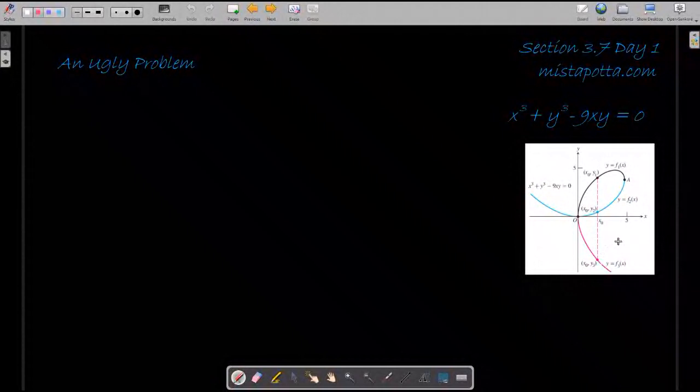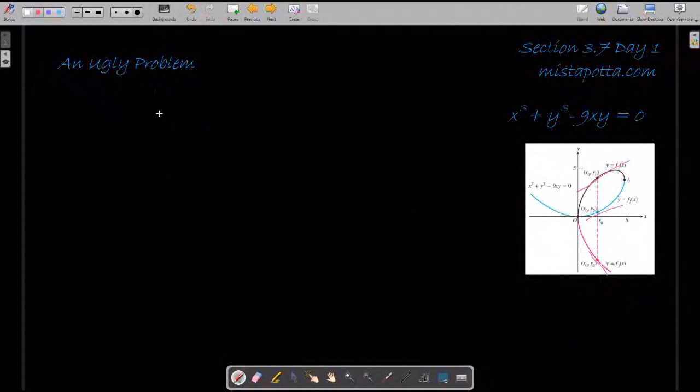And you can see that the slope for a particular value not only depends on the x value, but also depends on the y value.